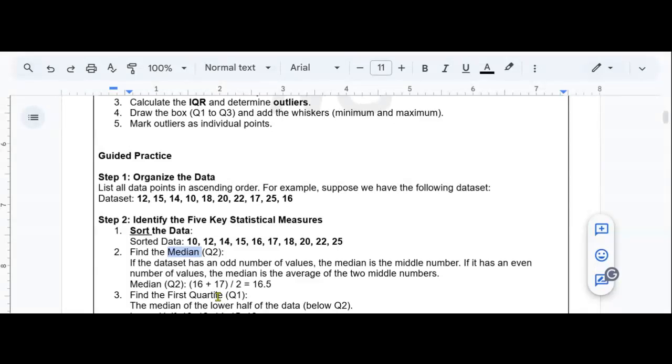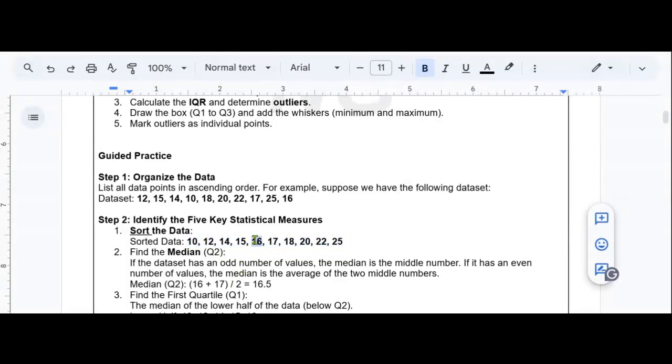Exactly. So how can I get the median? What is the median here? How many numbers do we have? 10 numbers. So which one is the median? 16?